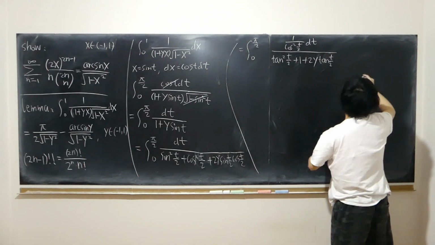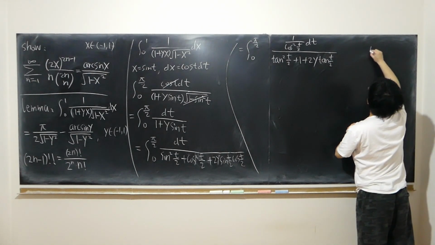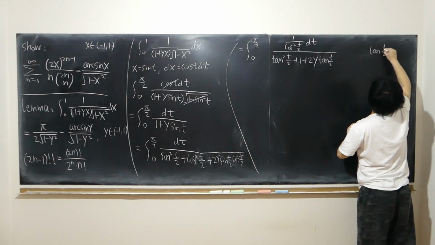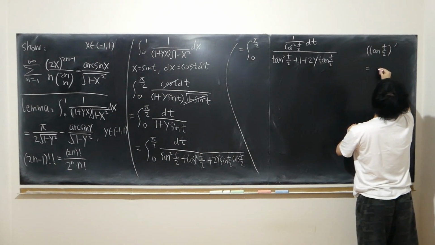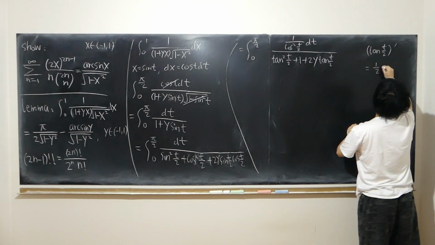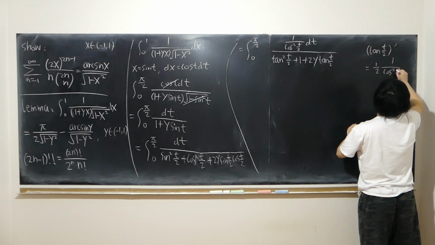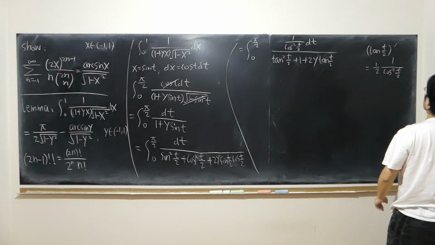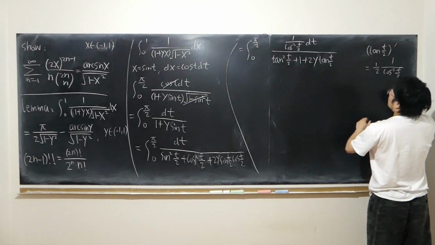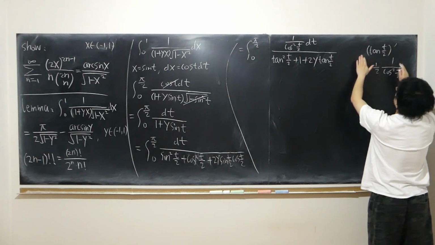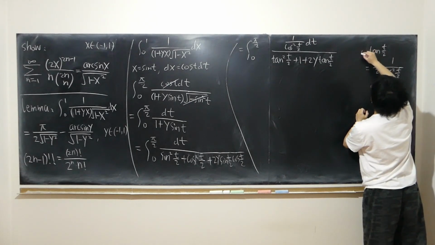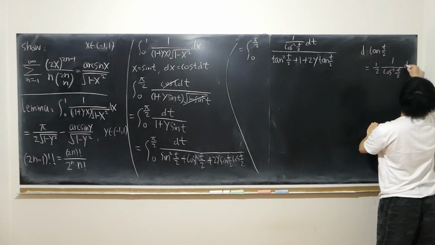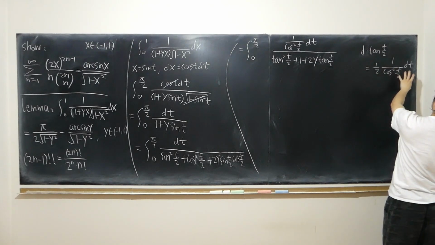Like I said, I noticed that the derivative of tangent half t is half times 1 over cosine squared half t. In other words, d of tangent half t is equal to this times dt.